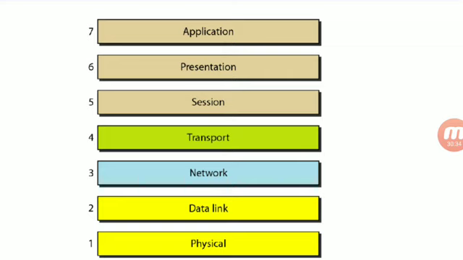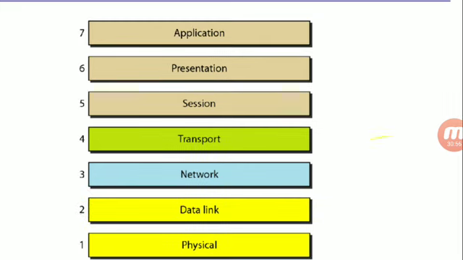So A means application, P means presentation, S means session, T means transport, N means network, D means data link, and P means physical. So this is the easiest way we can remember these 7 layers.